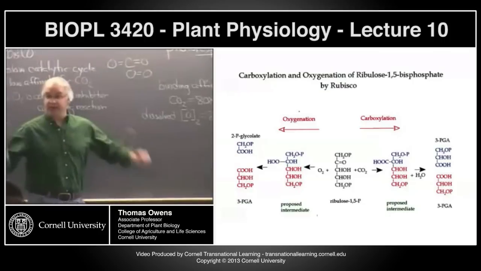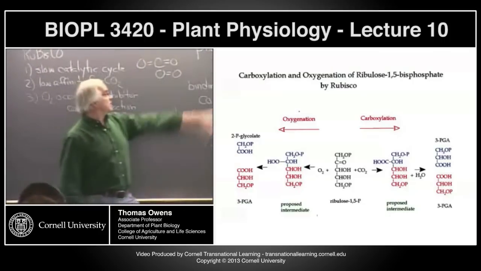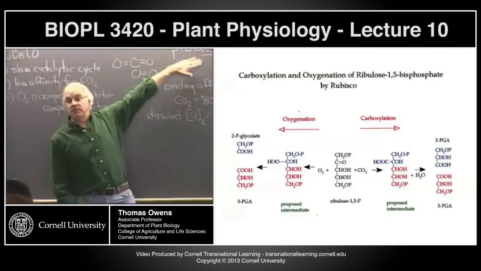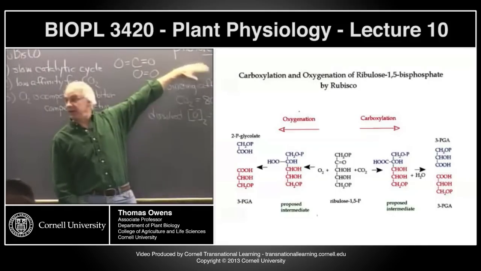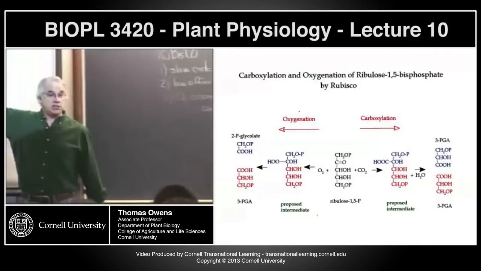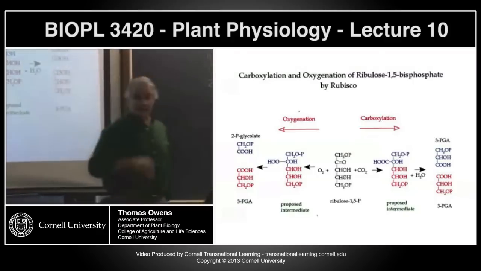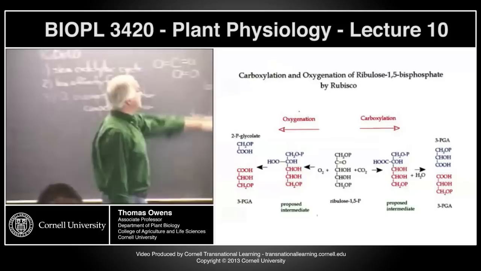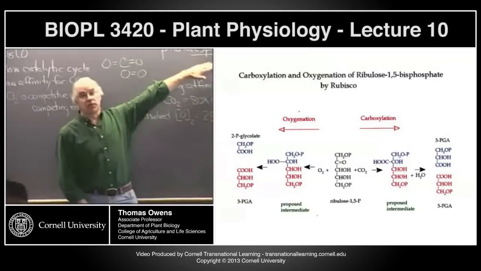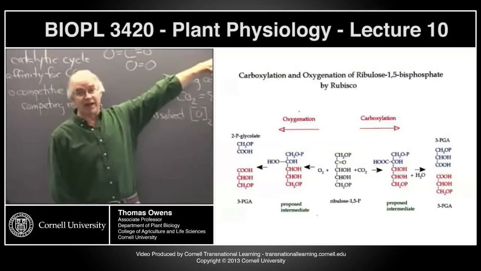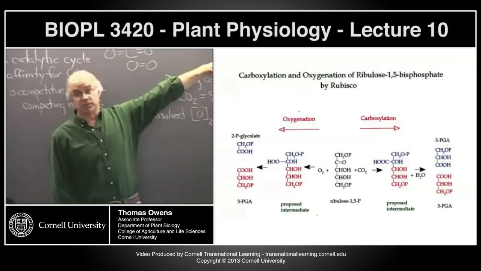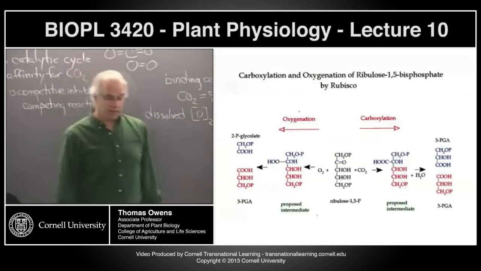So that behaves like respiration. But it's a process that only happens in the light. It's completely light dependent because the regeneration of RuBP depends upon the light and the Calvin cycle. All right? So it's a light-dependent respiration. Don't think of it as anything directly related to the respiratory pathways that we're going to be talking about in a couple of lectures.